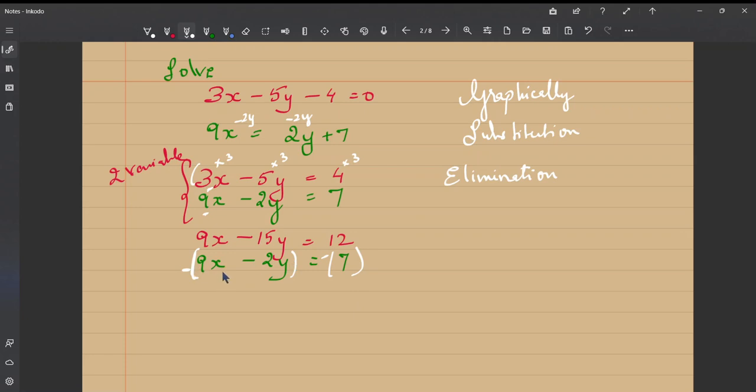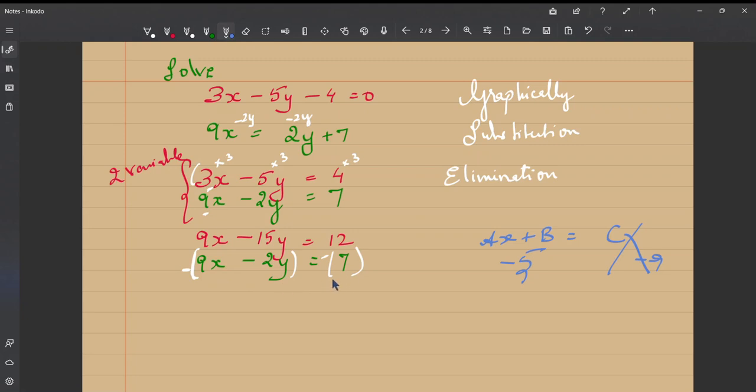I am subtracting something from the left hand side and some other thing from the right hand side. Is it permissible? Just think about it. If you have an equation like ax plus b is equal to c, are you allowed to subtract some abstract 5 from here and some 9 from here? No, it's totally wrong, isn't it?